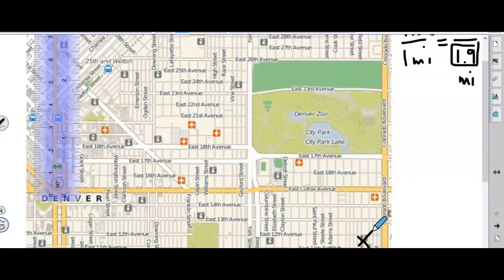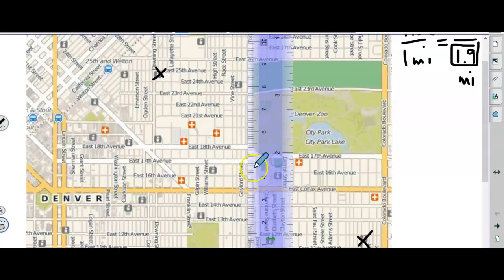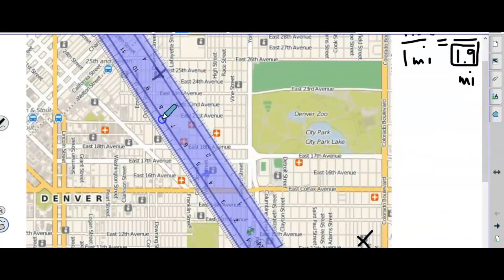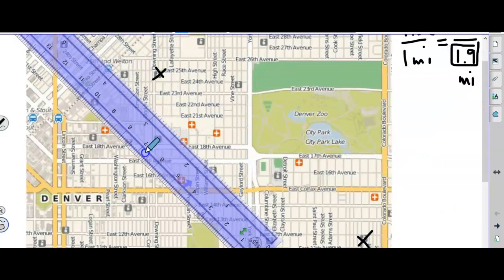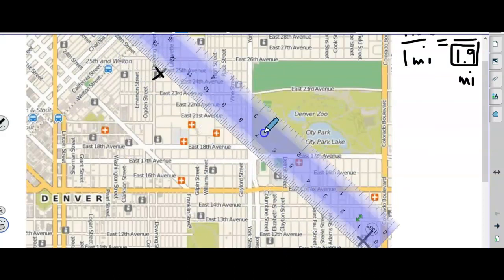And I work right here. So what we have to do then is figure out how far away do I live from work. So initially, a bunch of people just took their ruler and they set it up like this.